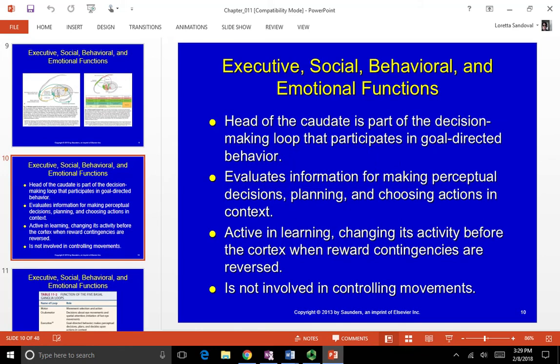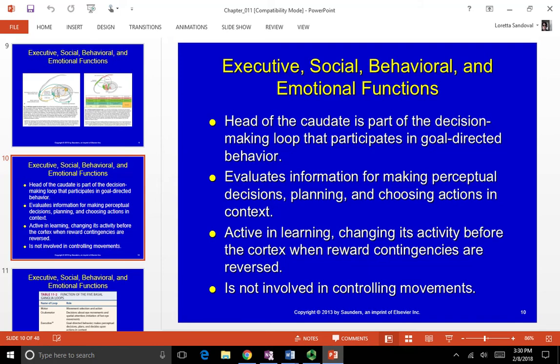So in the PowerPoint, it talks about specific areas. It talks about the head of the caudate being part of the decision-making loop that participates in goal-directed behavior. Goal-directed behavior is one of the hallmark signs of executive function. So adults basically have an executive function.